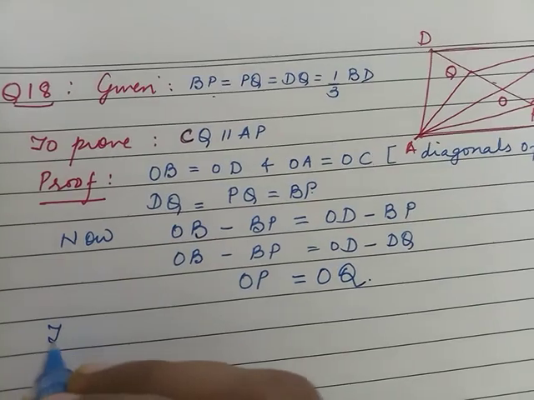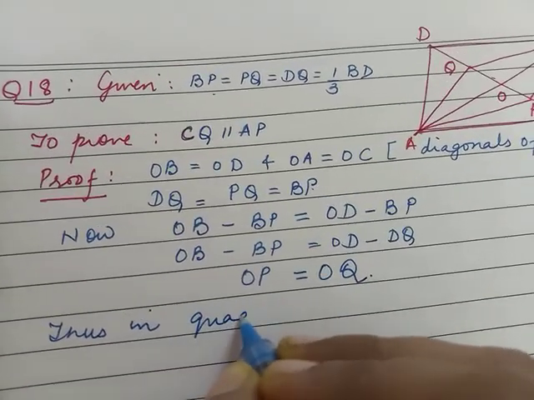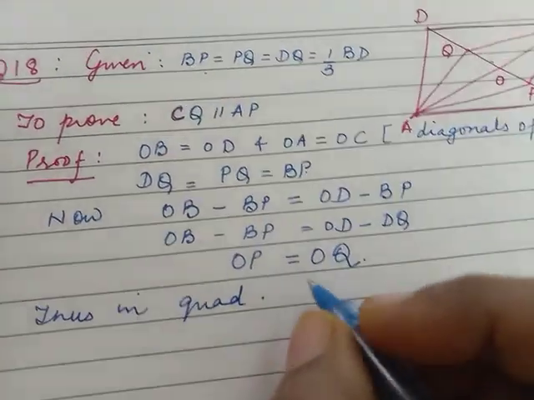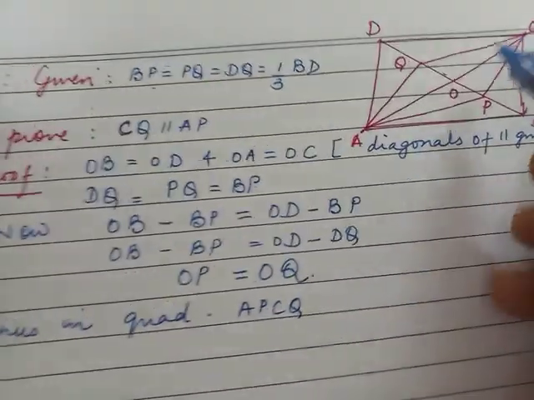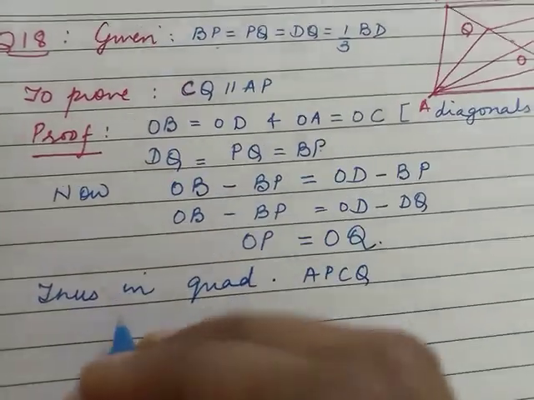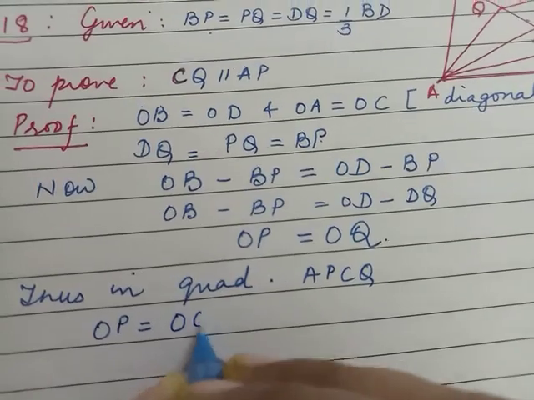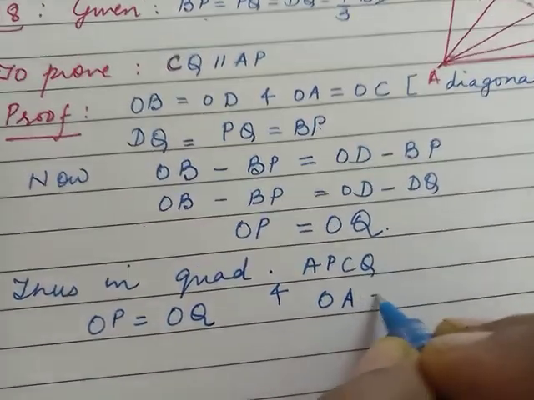So we'll write now thus. In quadrilateral APCQ, OP is equal to OQ and OA is equal to OC.